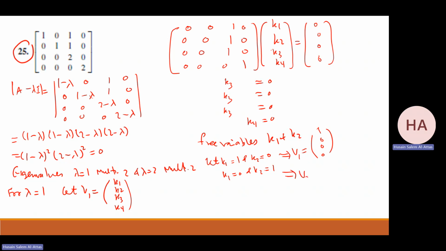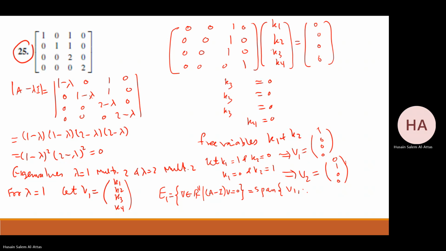From here, I'm getting V2. That will be 0, 1, 0, 0. So I have the E1, all V in R4, so that A minus I V is equal to 0, and that will be spanned by V1 and V2.